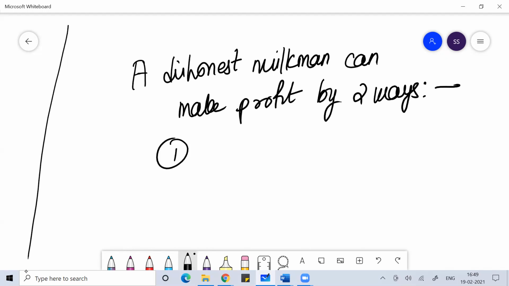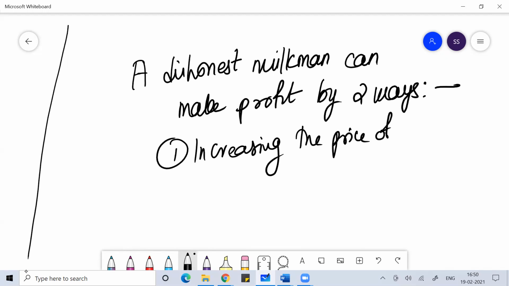Either by increasing the price of the product. So what is the product here? The product is milk only.